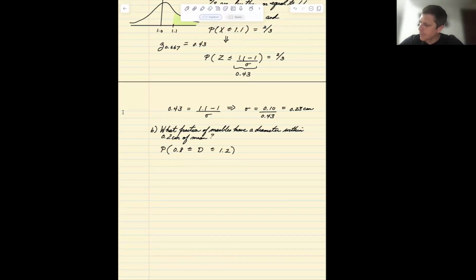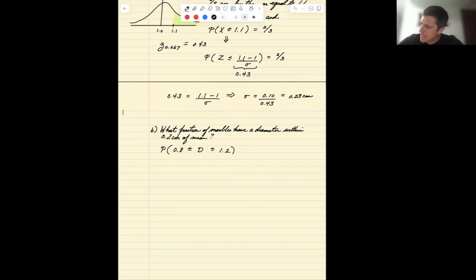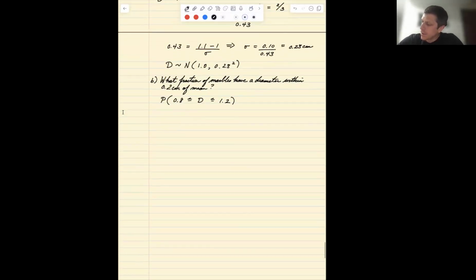let's do this. So let's let the diameter be D. So D is going to be normal with mean 1 and standard deviation 0.23, so variance 0.23 squared. Okay, so we want to convert this to standard units. So we get (0.8 minus 1) over 0.23.